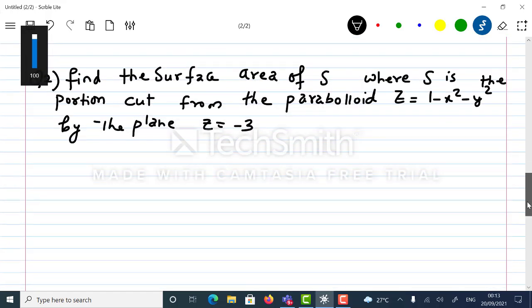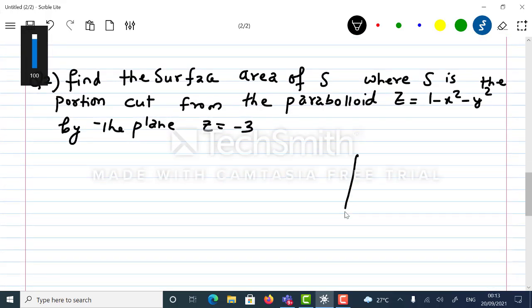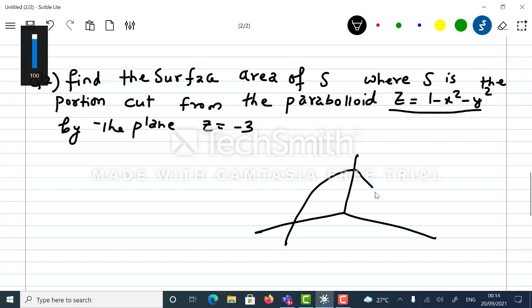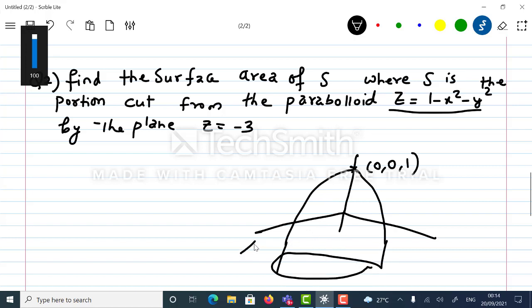Okay, so let's imagine the surface first. So z is equal to 1 minus x square minus y square. This is a parabola whose vertex is at (0, 0, 1), and it is a downward parabola. This is infinitely long, right? But it is said that z is equal to minus 3. It will cut from z is equal to minus 3.